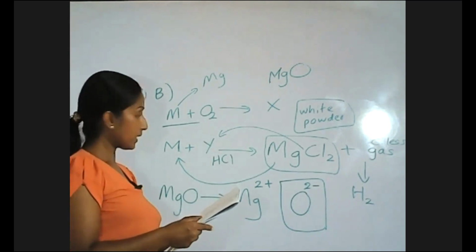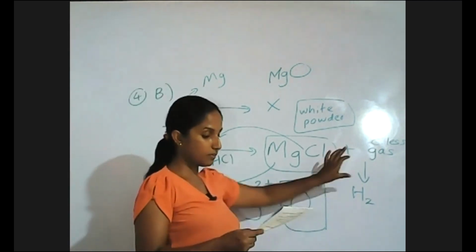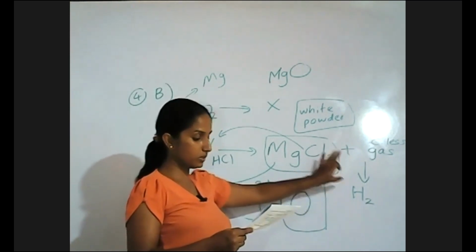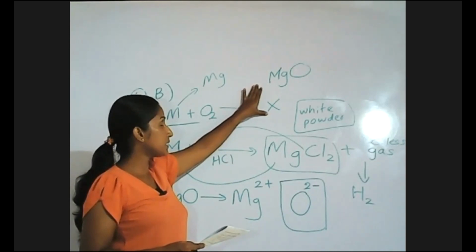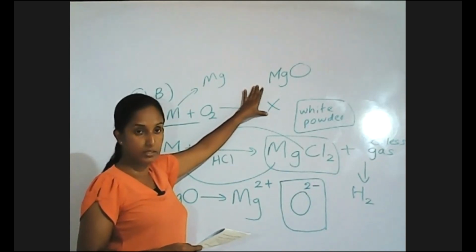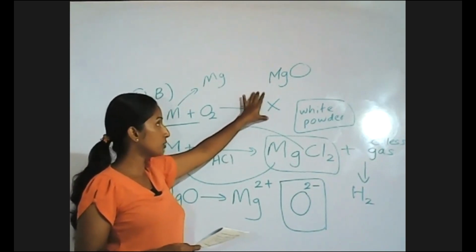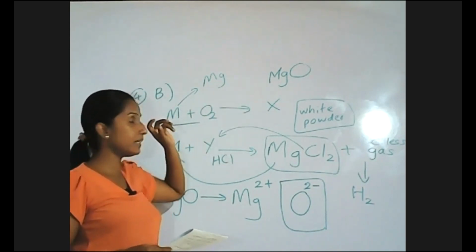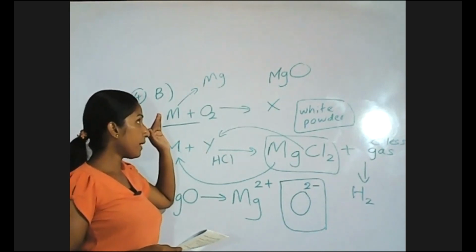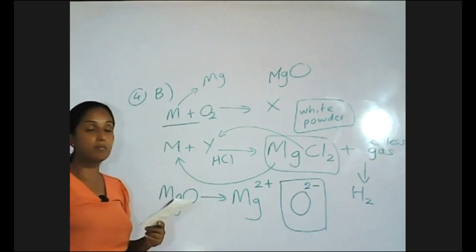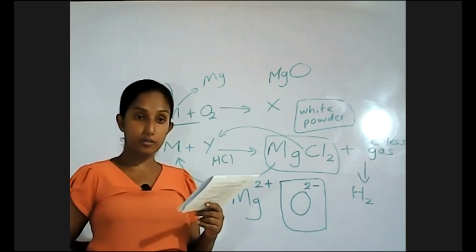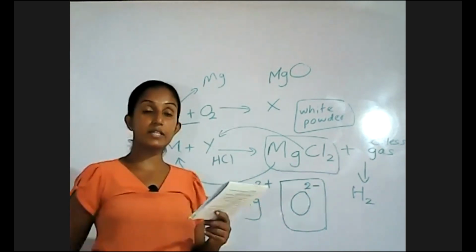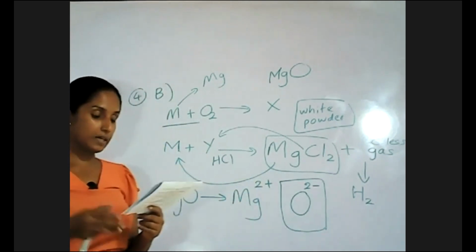X means magnesium oxide. When magnesium oxide dissolves in water, it forms magnesium hydroxide. We know it is a basic one.